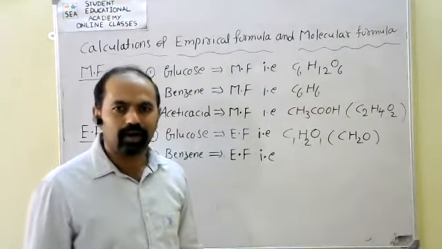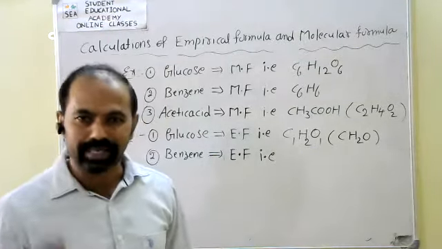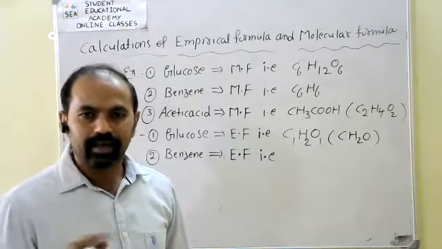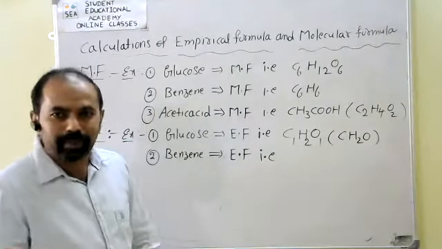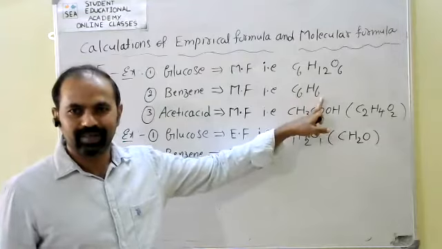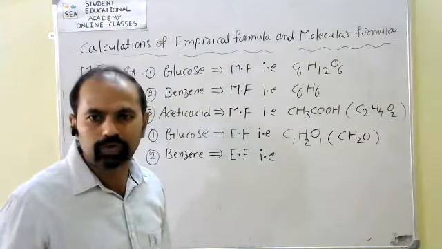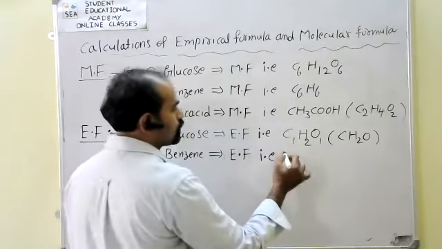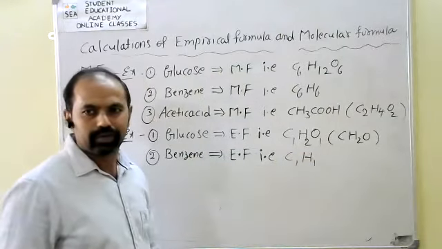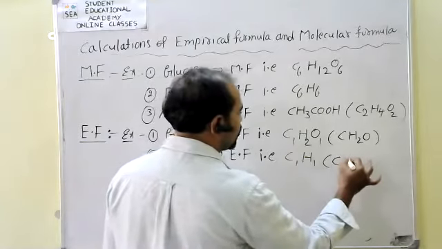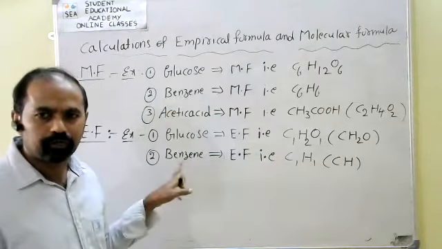But empirical formula is the simplest ratio of atoms of different elements in one molecule of substance. So what is the simplest ratio in benzene? 1:1. Carbons are 1, hydrogens are 1. So C1H1, which is nothing but CH. It is the empirical formula of benzene.